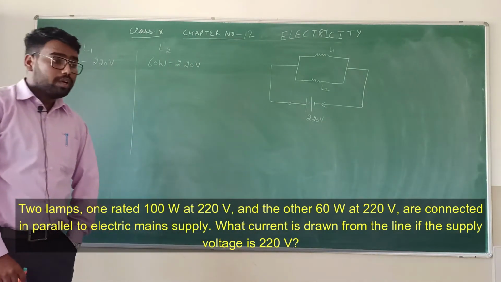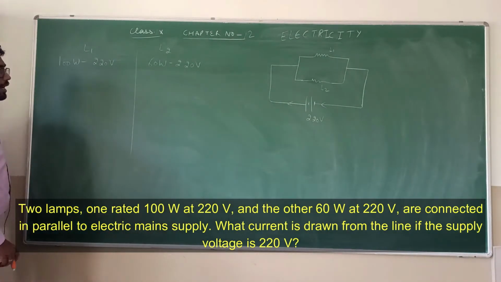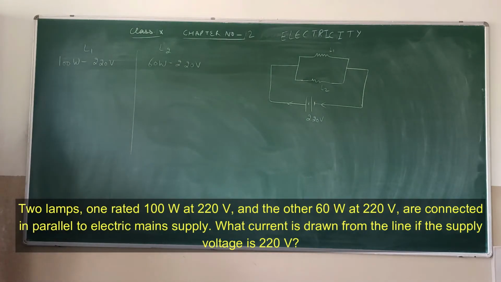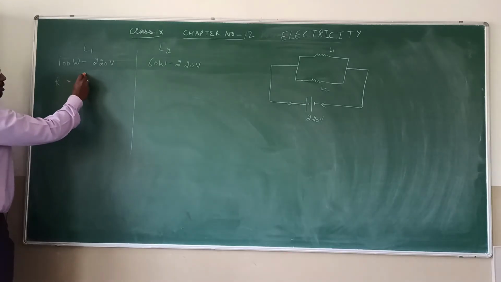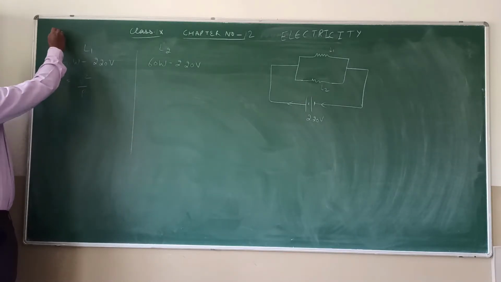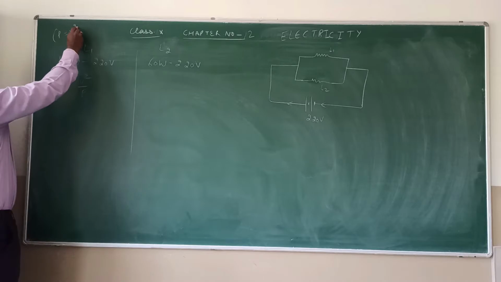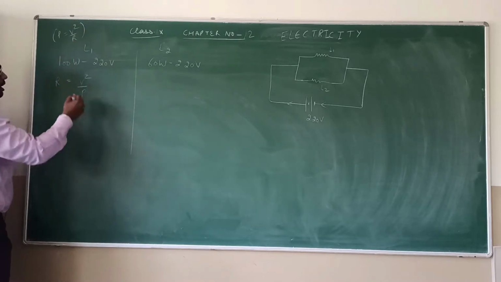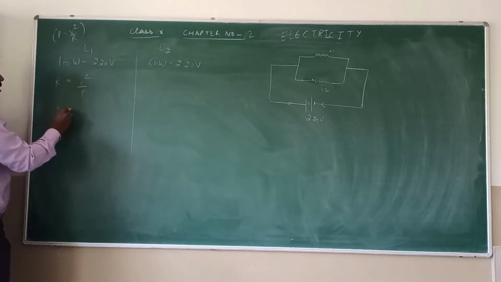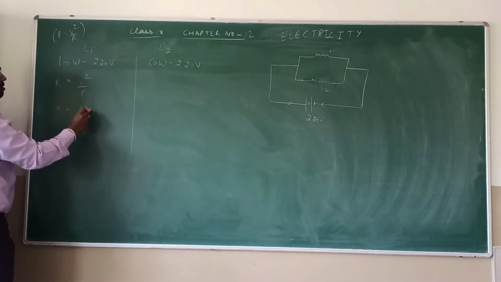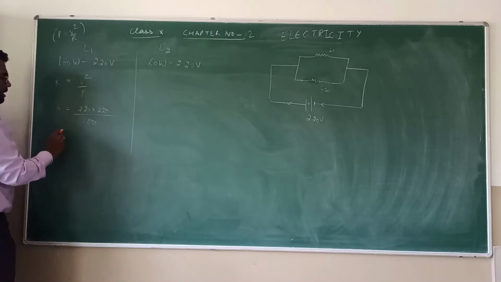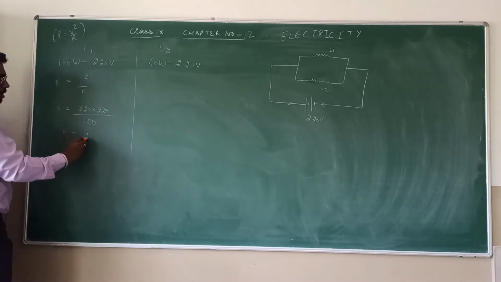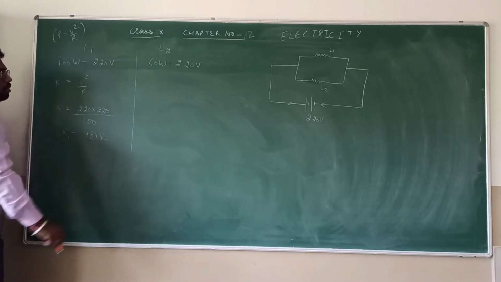How will we solve this question? First, we find the resistance of both the lamps. By using P is equal to V square by R, R is equal to V square by P. For lamp 1 it is 220 square by 100, which gives 484 ohm.